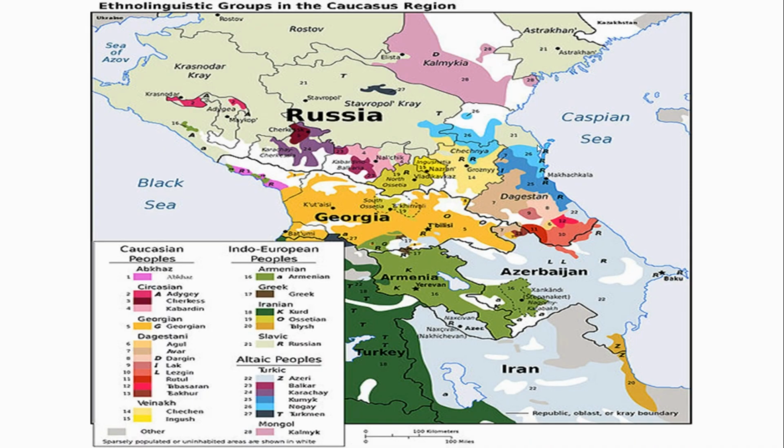This map looks really scary because, as you can see, there are more than 114 ethnic groups in the Caucasus region. Yes, not only in Russia but also in Azerbaijan, Georgia, Armenia. You can see many different ethnic groups.